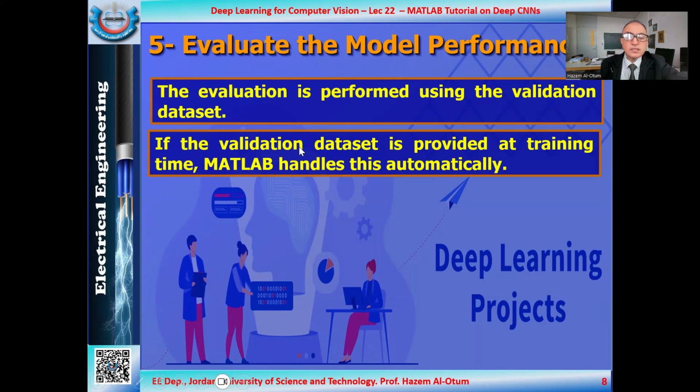If the validation dataset was fed into your program, MATLAB and other software can also handle it and apply the evaluation at the time of the training. From one side this is good, but from the other side it will be a little different from when you apply the testing dataset.